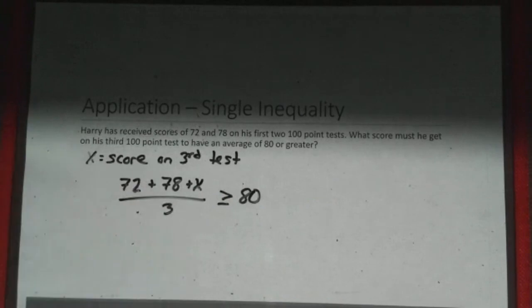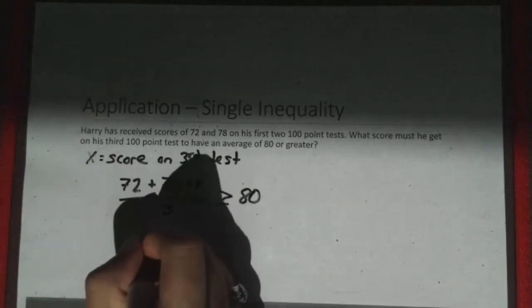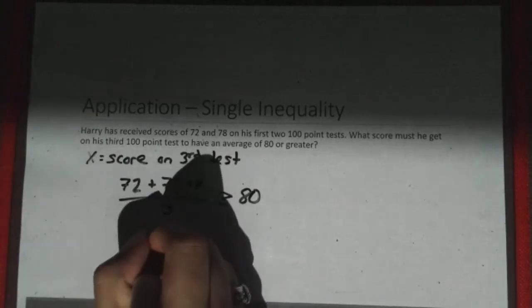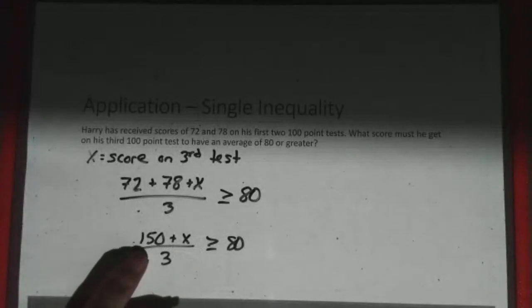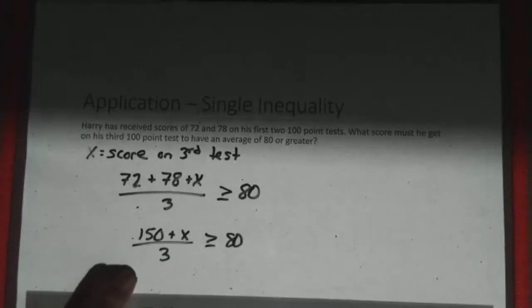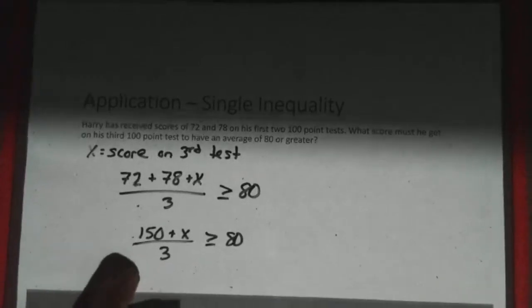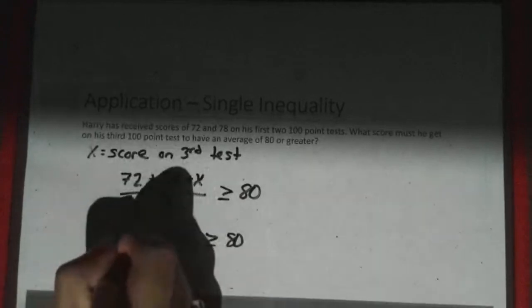I'm going to go ahead and add together my 72 and my 78. x is being added to 150, then divided by 3. So if I undo these in reverse order, I need to multiply by 3 first.